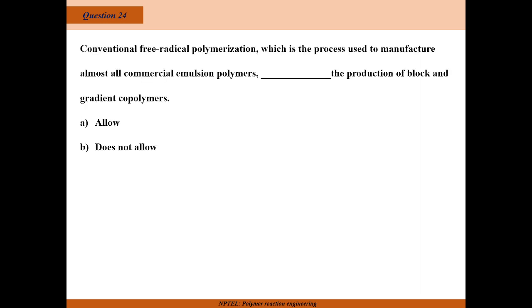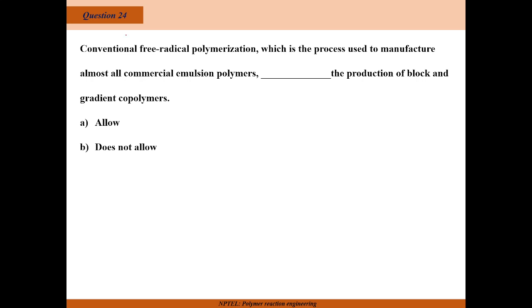Conventional free radical polymerization, which is the process used to manufacture almost all commercial emulsion polymers, dash the production of block and gradient copolymers.